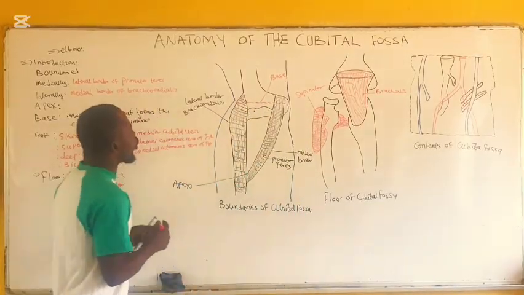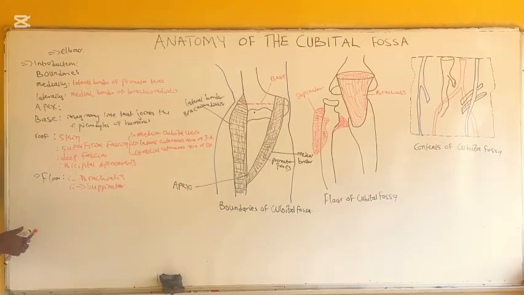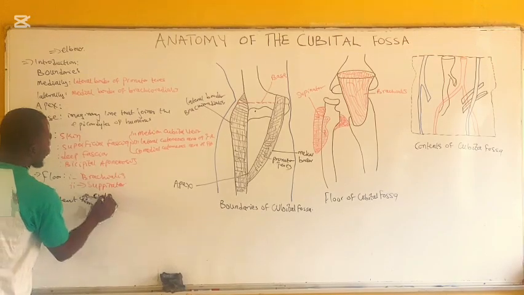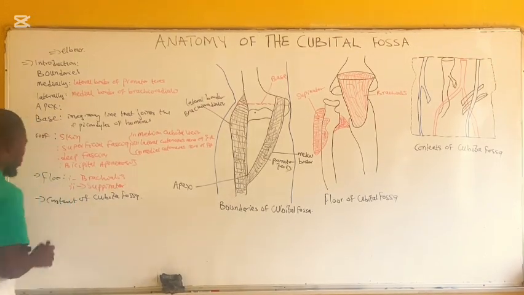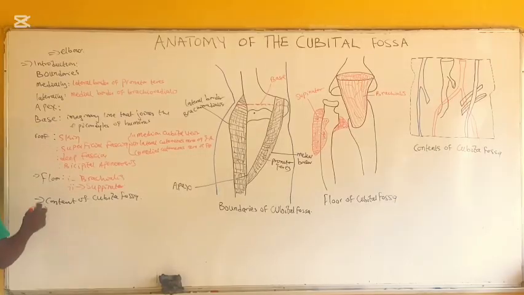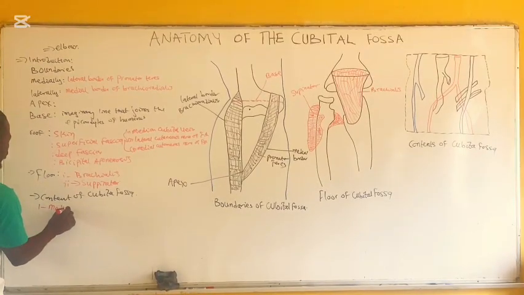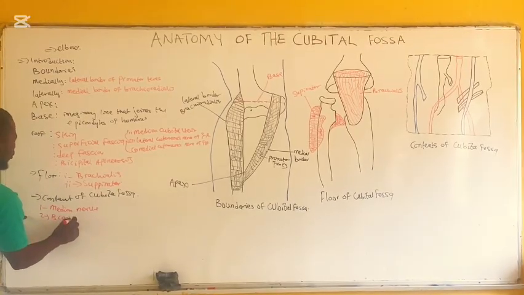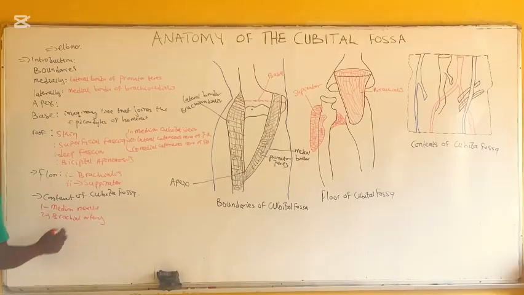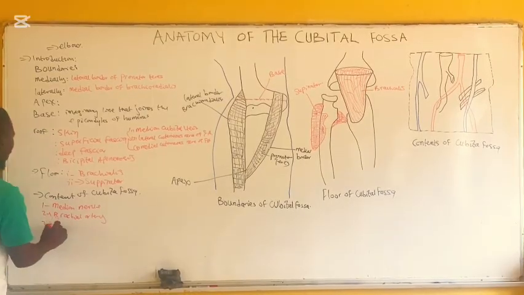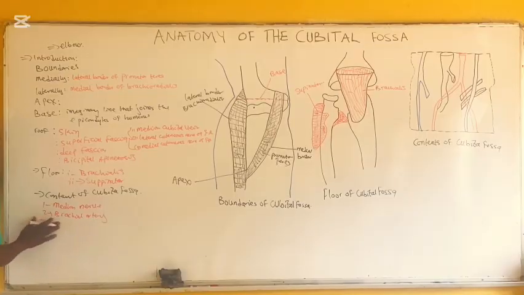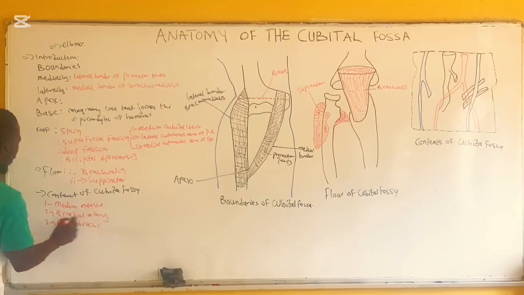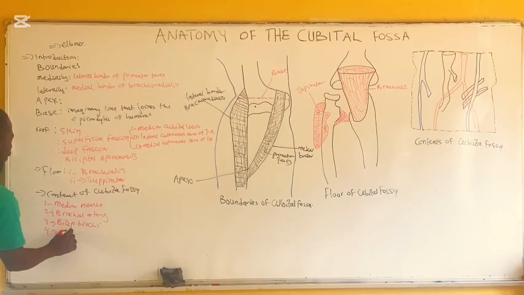Next thing is the content of the cubital fossa. The contents of the cubital fossa from medial to lateral include: 1, the median nerve; 2, the terminal branches of the brachial artery; 3, the tendon of biceps brachii; and 4, the radial nerve.